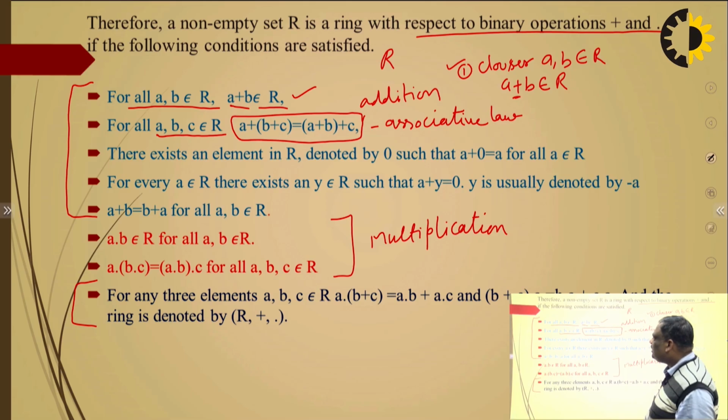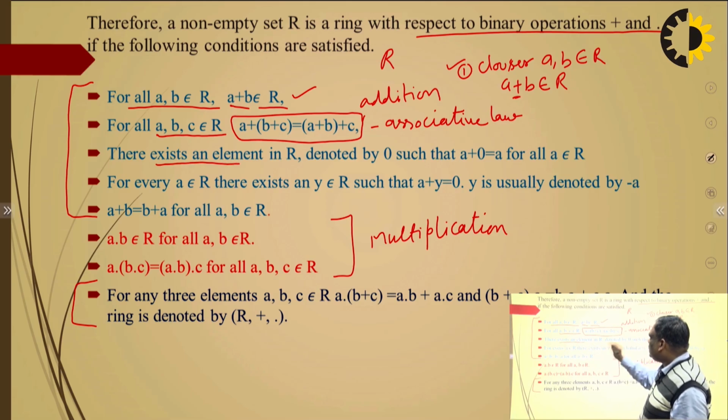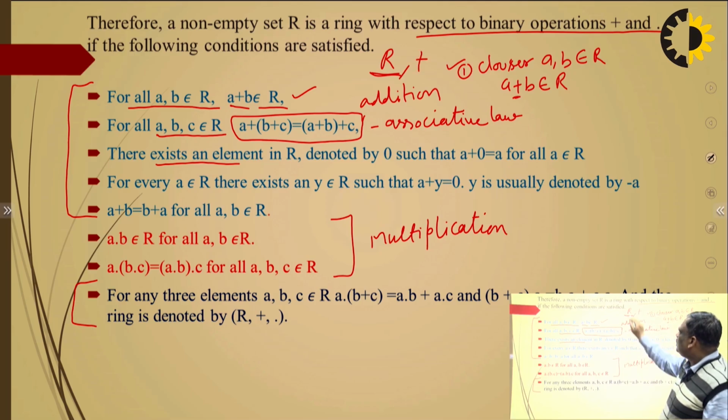The third one is that this structure R has a binary operation addition with an identity element. The identity element with respect to addition is 0.